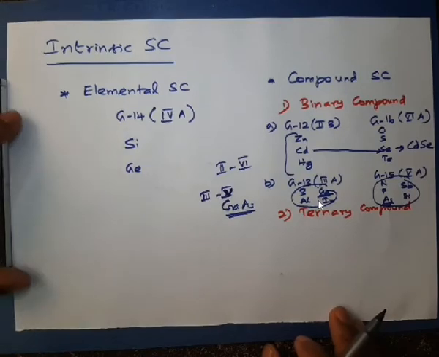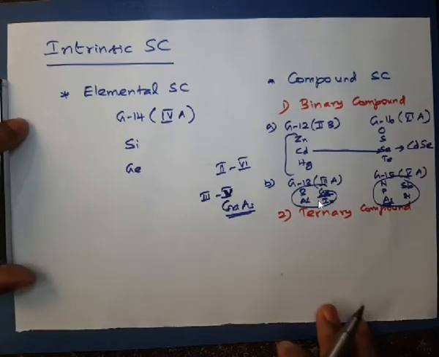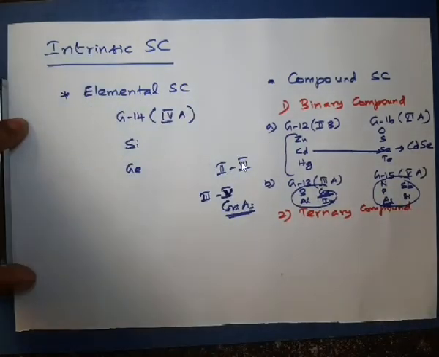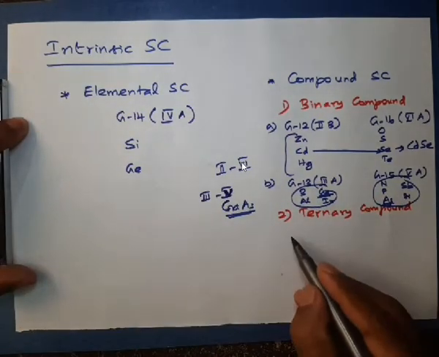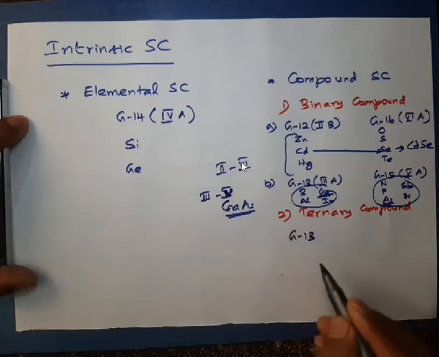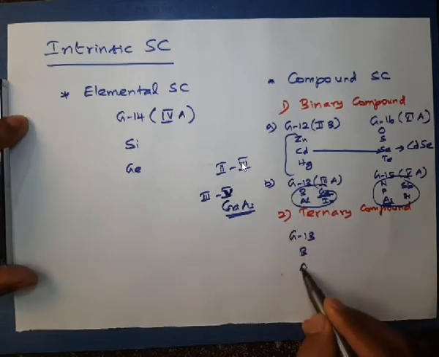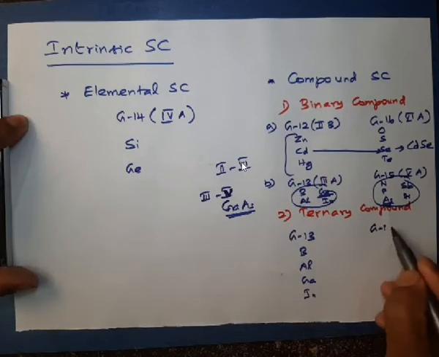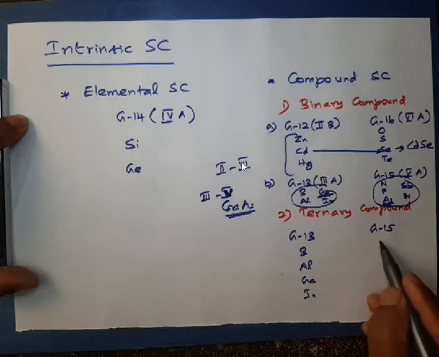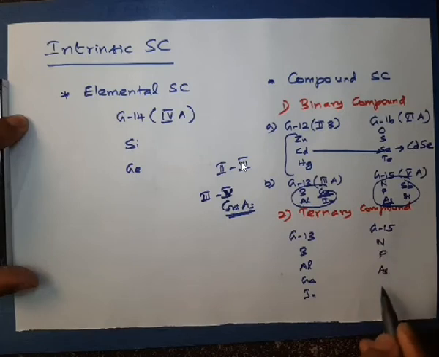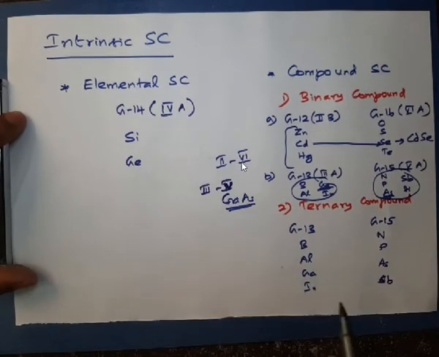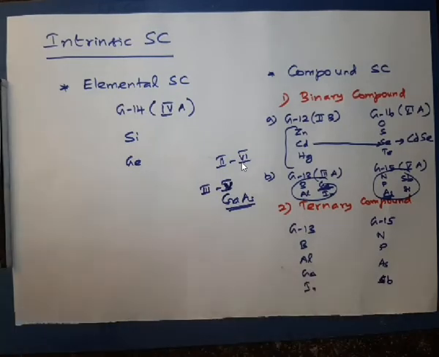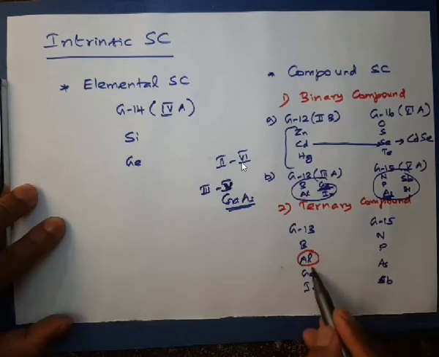Then we also have ternary compounds. In ternary compound semiconductors, we take two elements from group 13, such as boron, aluminium, gallium, indium, and one element from group 15, such as nitrogen, phosphorus, arsenic, antimony, etc. I'm going to take two elements in group 13, say aluminium and gallium.